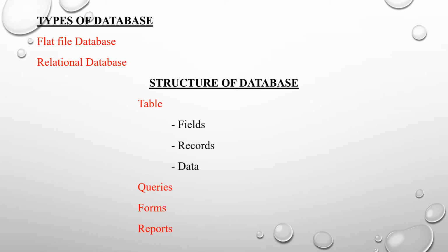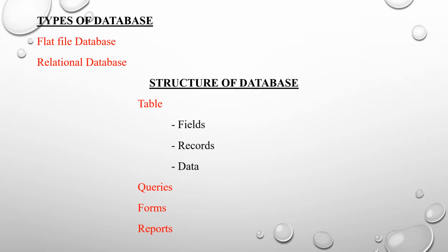There are mainly three elements: the first is field, the second is record and the third is data. All the columns in a table are called the fields. The rows in a table are called the records, and a set of characters that represent a valid value is known as data.